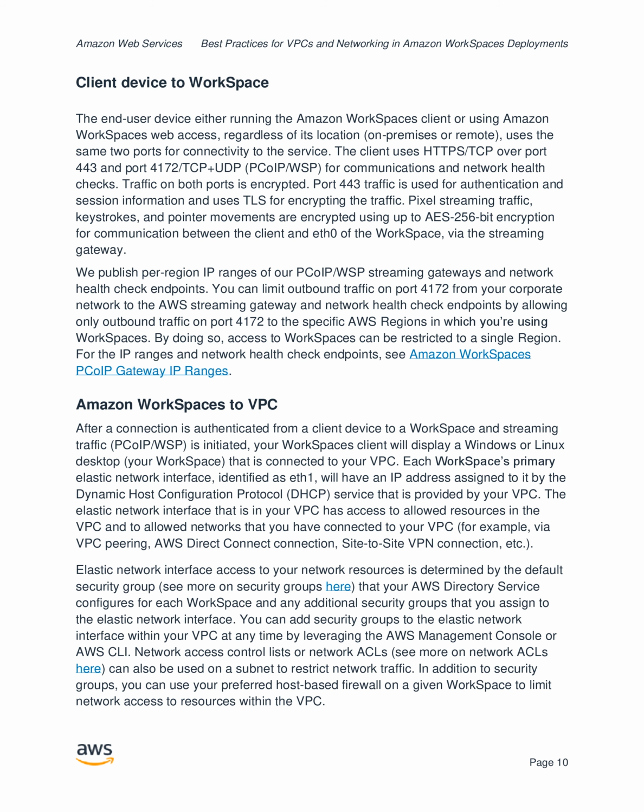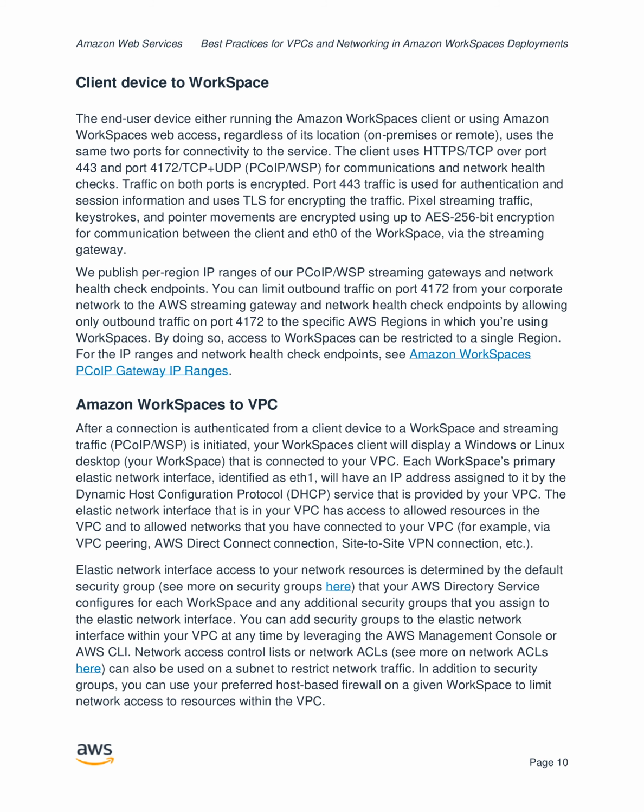Each workspace's primary Elastic Network Interface, identified as ETH1, will have an IP address assigned to it by the Dynamic Host Configuration Protocol, DHCP, service that is provided by your VPC. The Elastic Network Interface that is in your VPC has access to allowed resources in the VPC and to allowed networks that you have connected to your VPC, for example, via VPC peering, AWS Direct Connect connection, Site-to-Site VPN connection, etc.